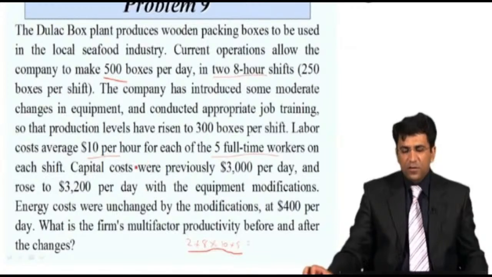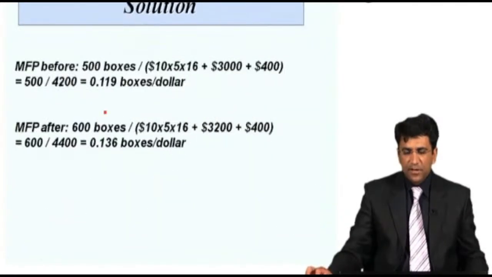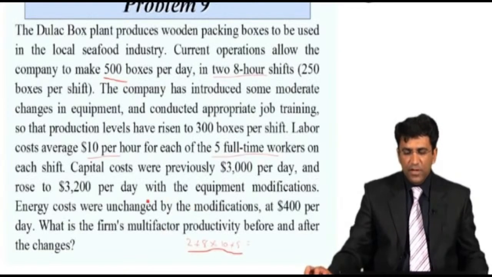So our old productivity will be equal to 500 divided by this value, plus there is other input involved. As you can see, the capital cost is also involved, which is $3,000 per day before the equipment modification, and there is another cost, the energy cost, which is equal to 400.